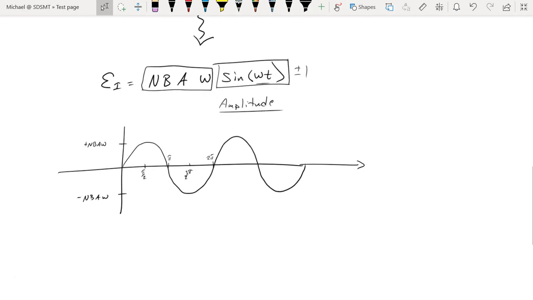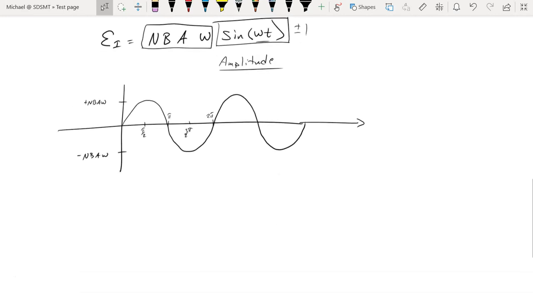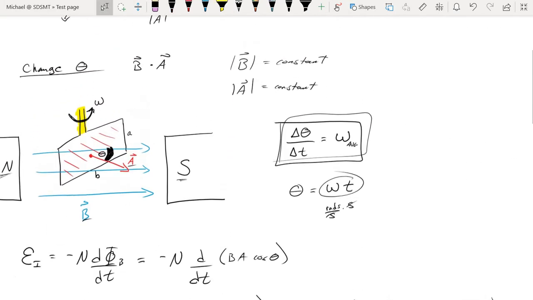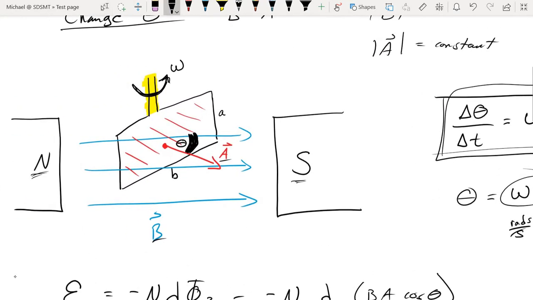If our induced EMF function is alternating back and forth between two fixed values, then what is going to happen to the induced current within this system? My coil has fixed dimensions. There's a certain amount of material associated with this coil.